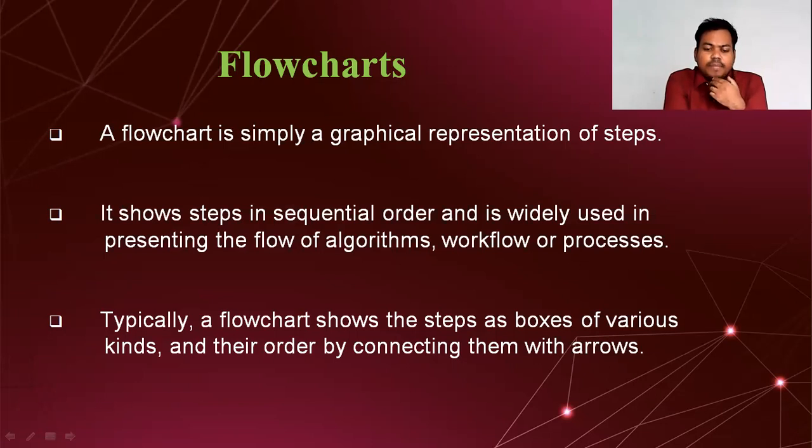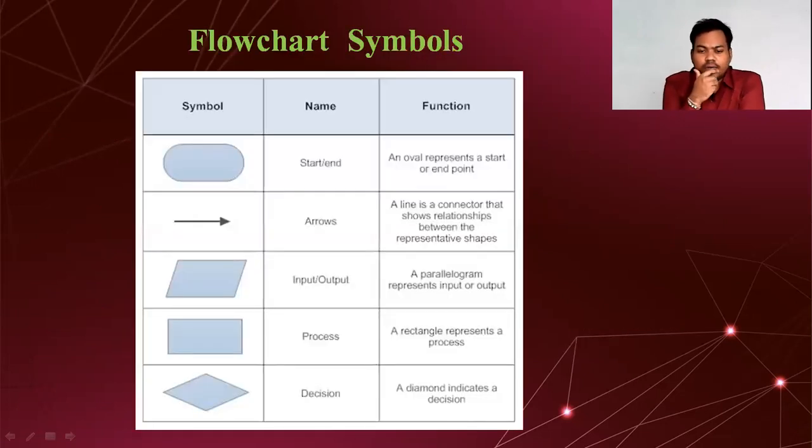Typically, a flowchart shows the steps as boxes of various kinds, and they are ordered by connecting them with arrows. So let's see what kind of boxes and arrows are used. The first symbol used in the flowchart is for start and end, right?